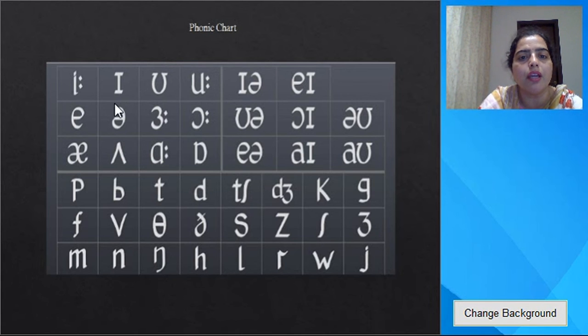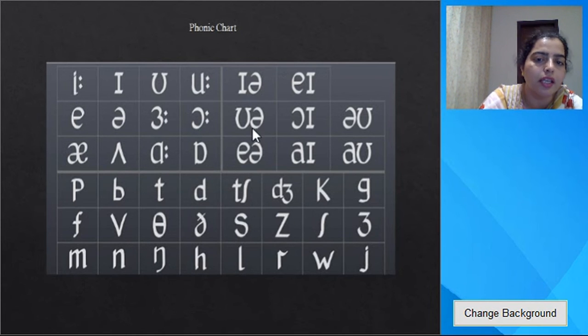I will make you learn how these symbols are pronounced and the exact pronunciation of these signs, and it is compulsory for you if you would like to look into a dictionary for correct pronunciation. You have to be familiar with these 44 symbols. In these 44 symbols, you have 20 vowel sounds and 24 consonant sounds.